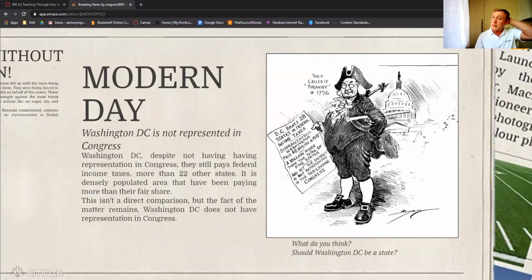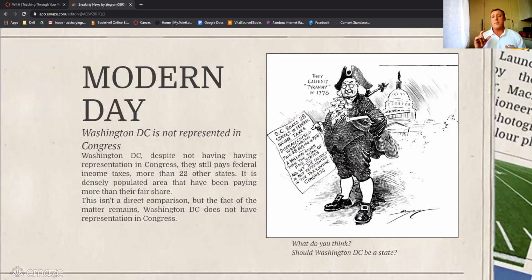Lastly, I wanted to bring some of this information about no taxation without representation to the modern day, right? So we have examples of individuals, entities, or areas that are being forced to pay taxes and have all the obligations of the nation without actually having any of the benefits.